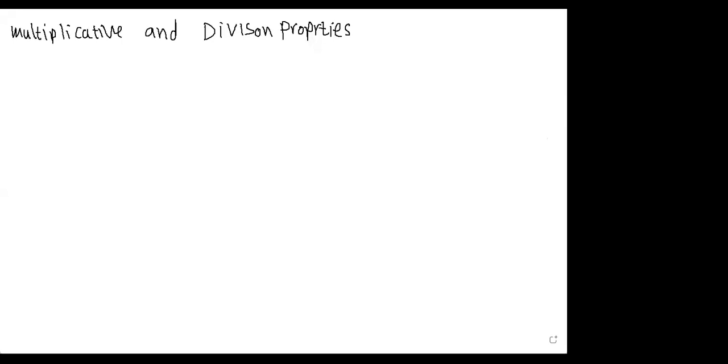So today I'm going to talk about another set of properties for multiplication and division. So first thing I have to know: A divided by B, what does that mean? What is the meaning of A divided by B?